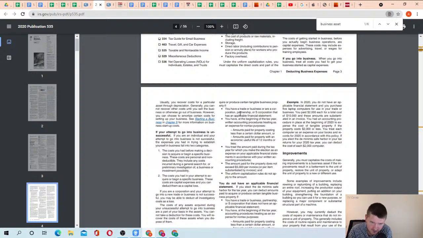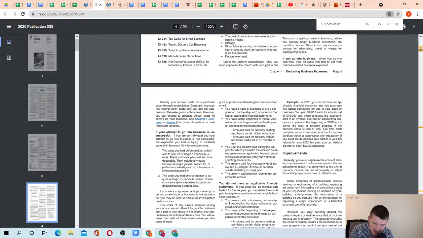Trade or business. Okay. You treat the amount paid during the tax year for which you make the election as an expense on your applicable financial statements in accordance with your written accounting procedures. So you have a written accounting procedure and you paid for the property.